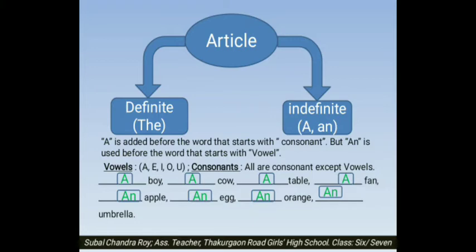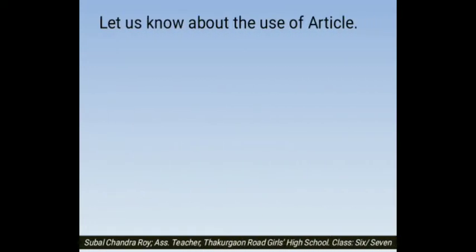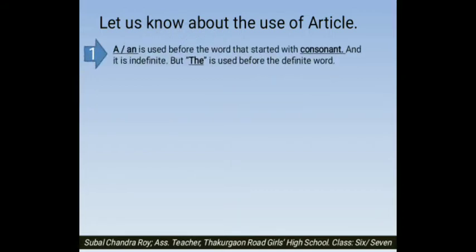So let's go to another page. Okay, dear student? Now we will know about the use of article. To know about the use of article, we have to know some rules. If we know some rules, it will be very easy for us to fill the gaps with article.